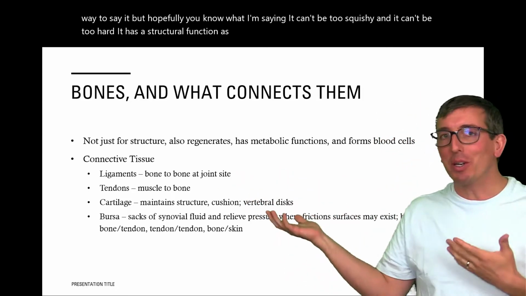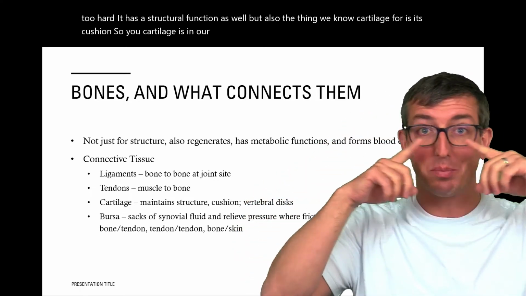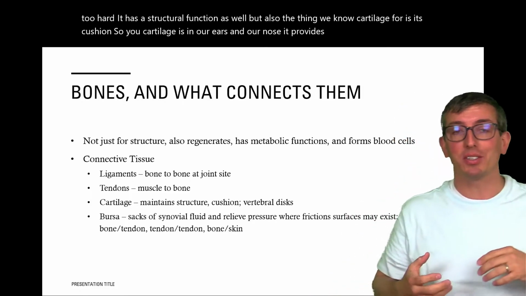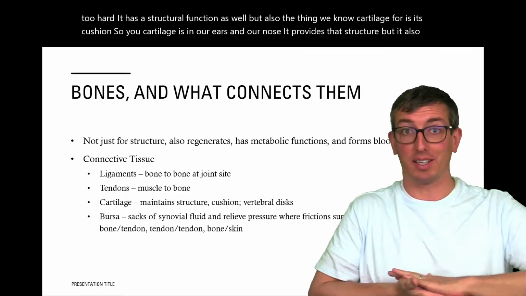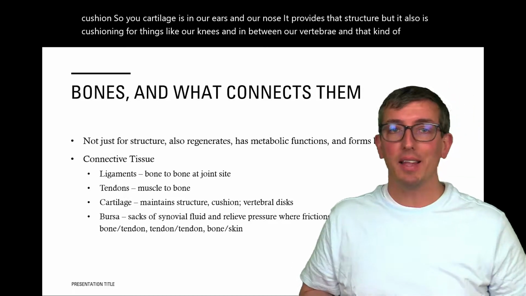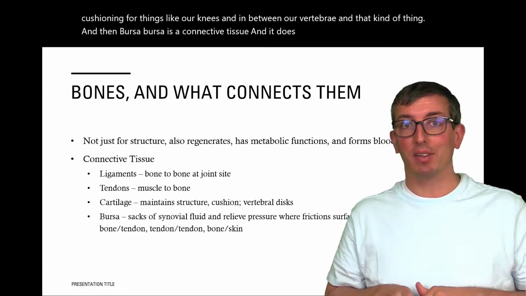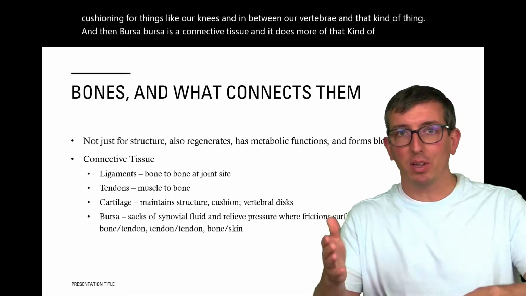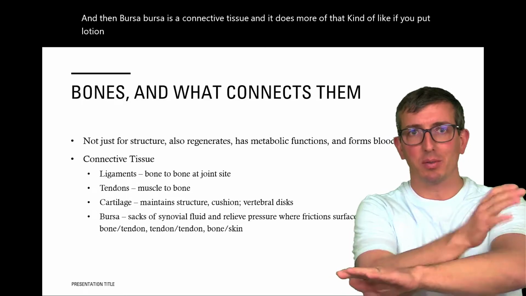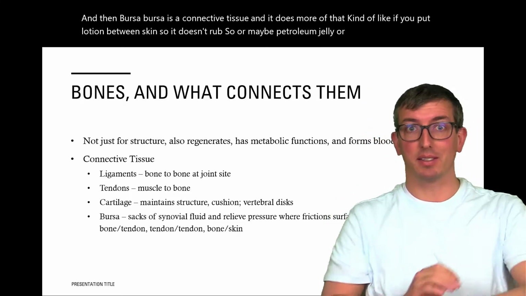But also the thing we know cartilage for is its cushion. We know cartilage is in our ears and our nose, where it provides structure, but it also cushions things like our knees and the spaces between our vertebrae. And then bursa. Bursa is a connective tissue that does more of what lotion or petroleum jelly does between skin so it doesn't rub and get irritated.